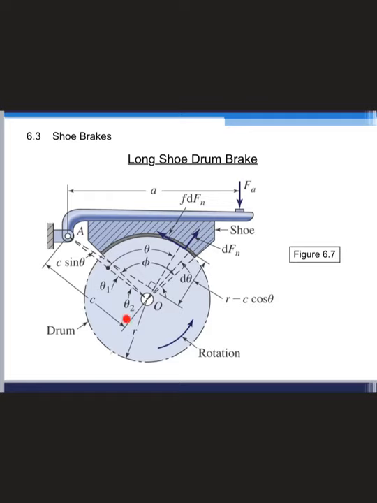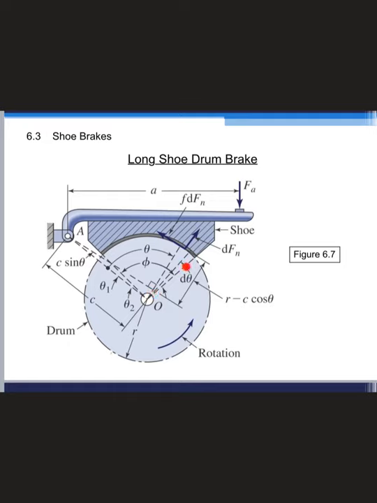And then we have angle theta 2. For theta 2, we measure it from the line AO, from fulcrum point A to the center of the drum, until the point where the last contact is made between the long shoe and the drum here.